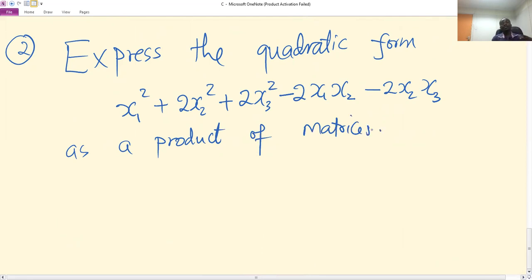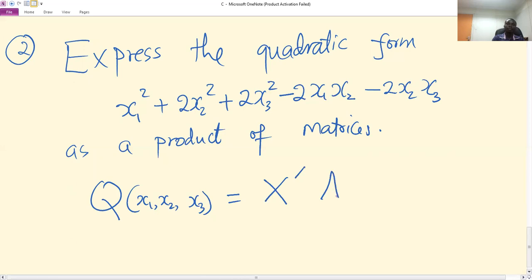Remember, trivially, we should know that a quadratic form in x1, x2, x3 is of the form x prime A x, where we expect A to be a symmetric matrix.